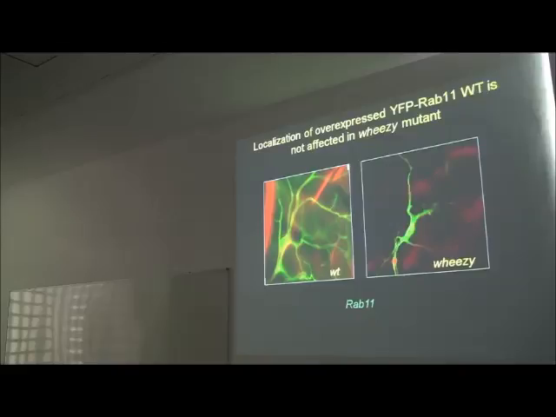We are imaging it, so the green is the YFP. But because we're overexpressing, you no longer see that beautiful pattern. And the same thing is true in the mutant background. So red is labeling the luminal membrane, so you see that dilation.